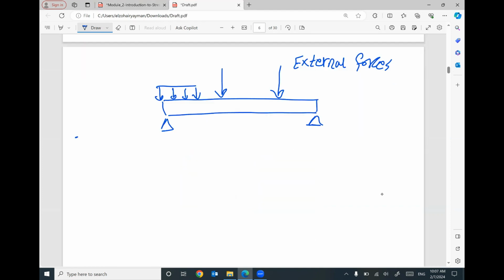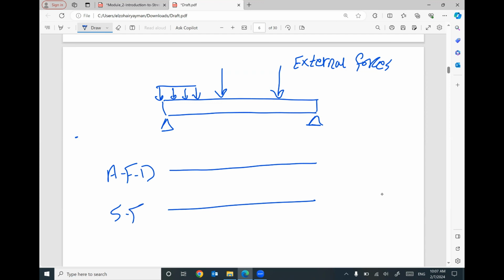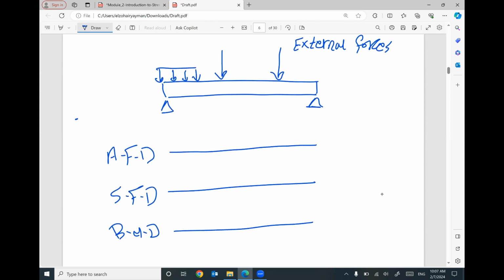We learned before that we can draw the axial force diagram, the shear force diagram, and the bending moment diagram. I would like to add that we have another diagram, which is called the torsion diagram. It will be covered in more detail in this course.